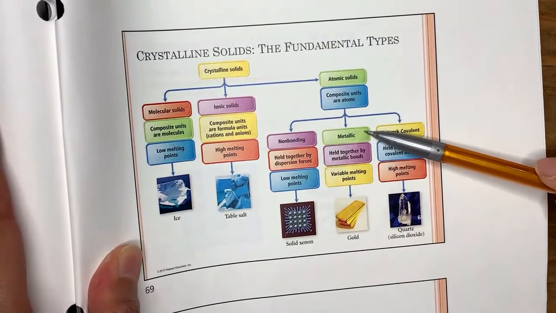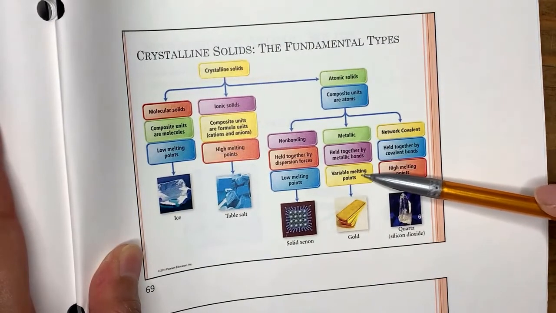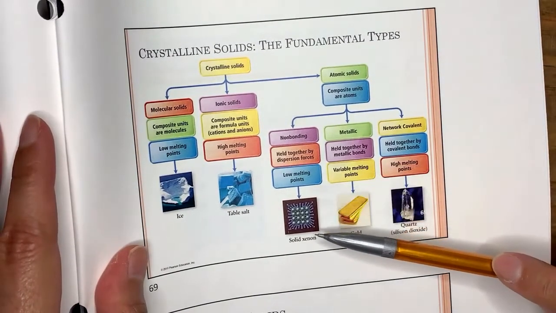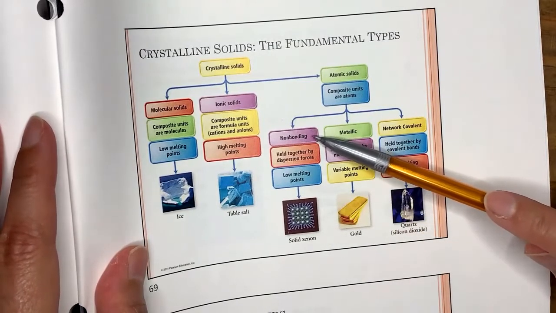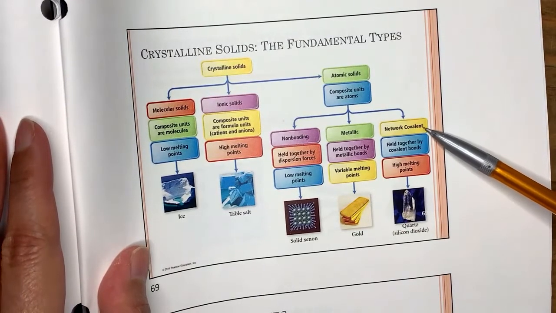Metallic solids are held together by metallic bonds. That one is variable, so it's a little all over the place. So a comparison would be if they asked you which one's lower melting point, non-bonding or metallic, then you always say non-bonding is the lowest. Okay. On the other hand, network covalent is going to be the highest melting point because it's covalently bonded.